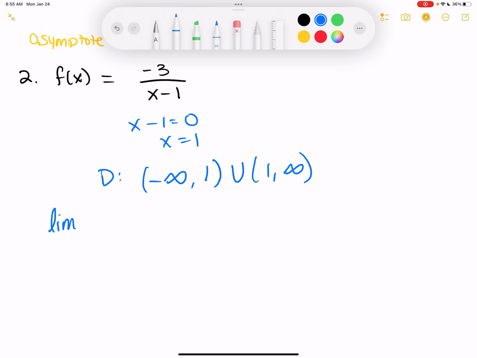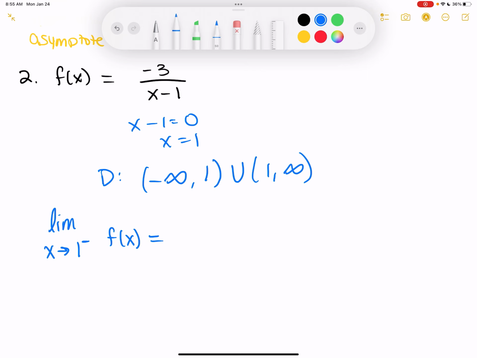Okay? So we're looking at the limit as x approaches 1 with the negative sign, which means from the left, of f of x. Remember negative's on the left. And we want to know what it's equal to. So for 1 from the left, I'm looking at something like 0.999999.